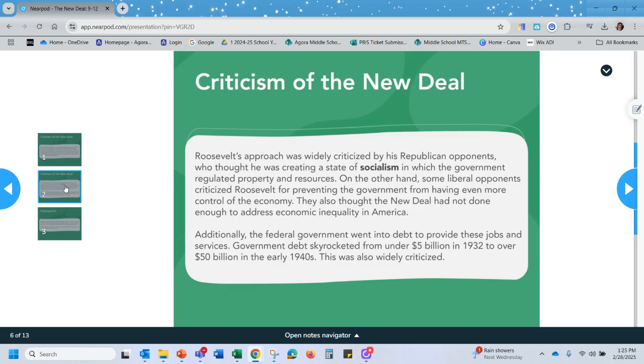They also thought the New Deal had not done enough to address economic inequality in America. Additionally, the federal government went into debt to provide these jobs and services. Government debt skyrocketed from under $5 billion in 1932 to over $50 billion in the early 1940s. This was also widely criticized.